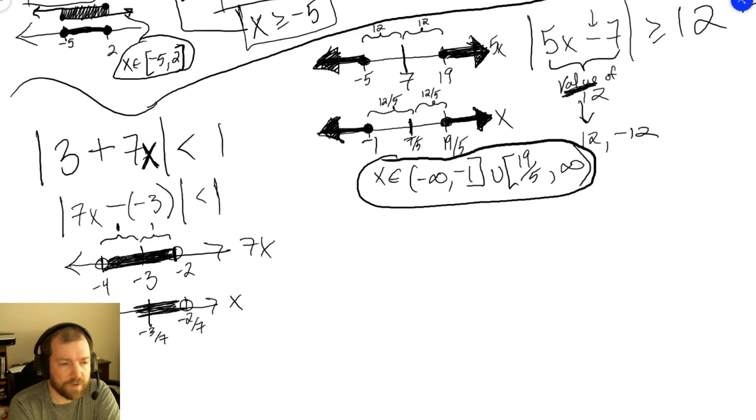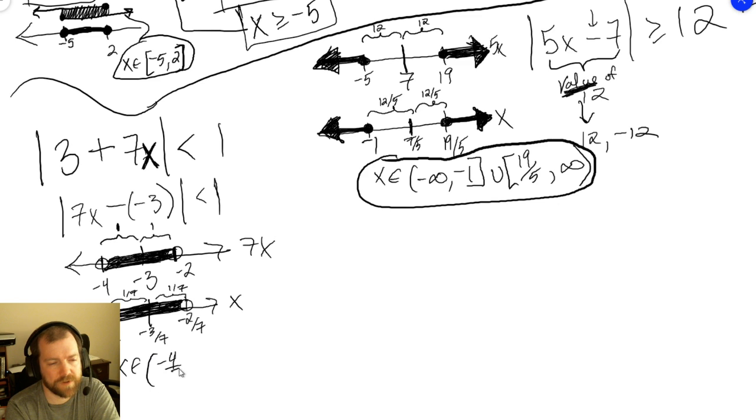We get a negative 4/7, open circle shaded inward. And again, we don't need the distances up top, but might be worthwhile. So these are a distance of 1/7 each. So then x must be between open negative 4/7 to negative 2/7 open.